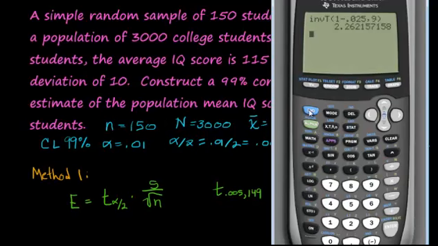So go to our distributions, inverse t. Area this time is 1 minus 0.005. Degrees of freedom is 149. Enter. Okay, that looks good. That's what I want. Enter. We get 2.609, or 2.61 we'll use.